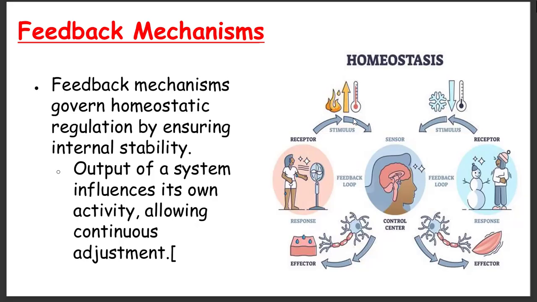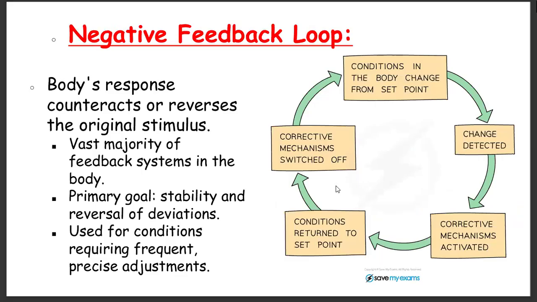And what is it going to do? It is going to send it to a control center. That control center is going to produce a command to the effector organ, and that parameter should be brought back to normal. So there are two feedback loops: the negative feedback loop, and also the positive feedback loop.